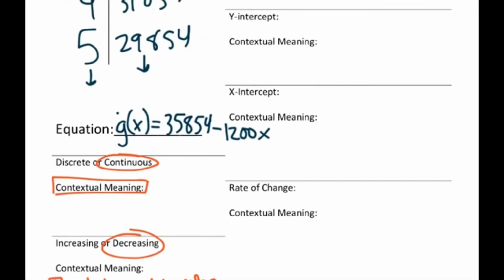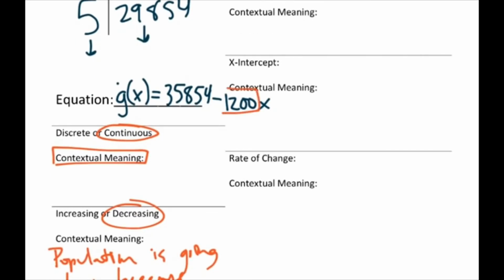Now, for linear, the rate of change is pretty easy. It's that slope, right? And we could graph it as well, and we could find that rate of change through that, which we'll be able to see when we look at if we do it through the interval too. So we'll do it both ways, just like we did exponential. So if we do the slope, it's 1,200 over 1 and a negative 1,200, right?